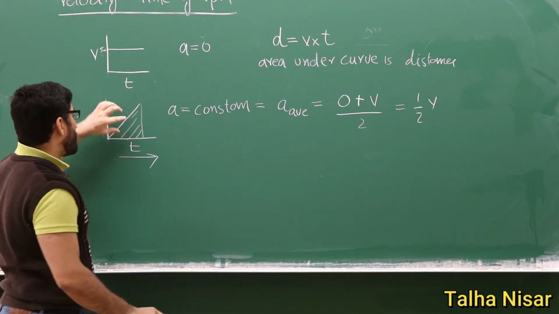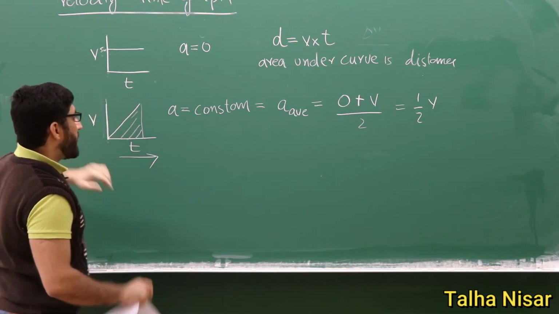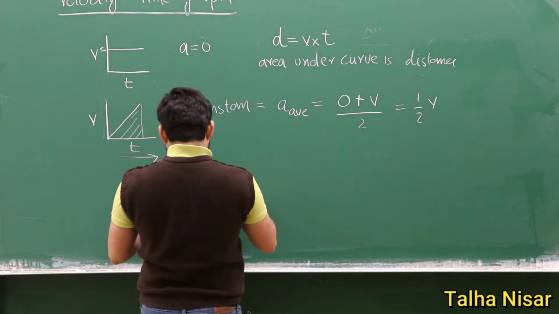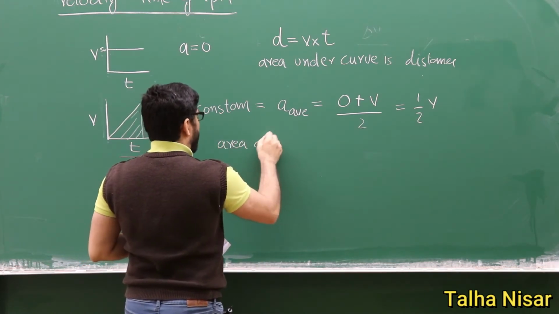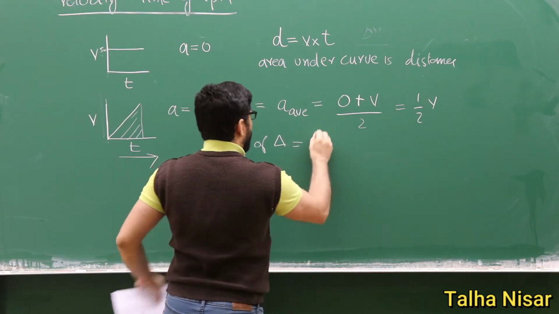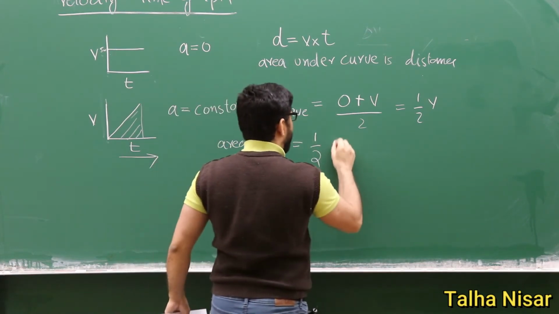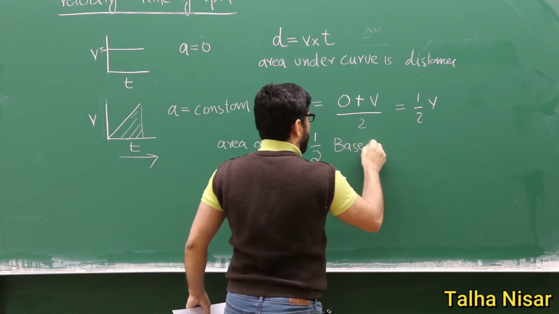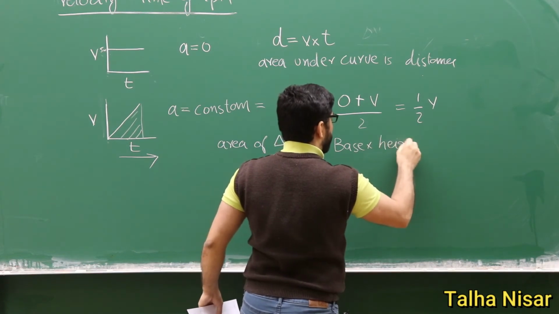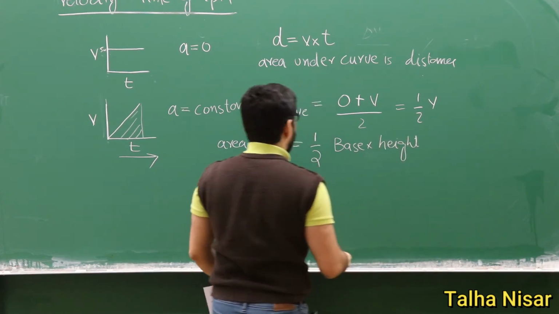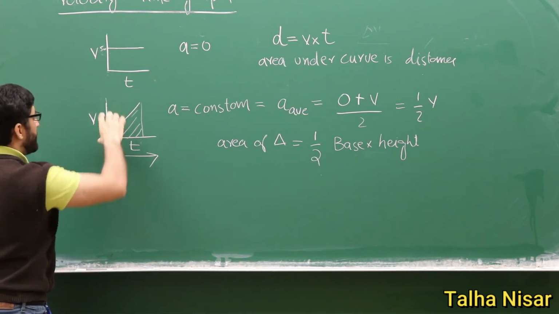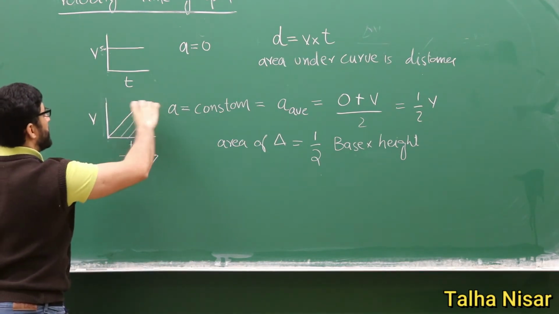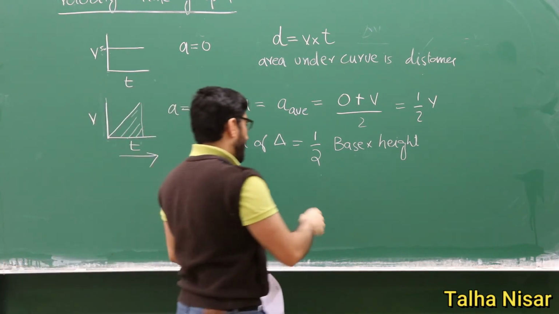The formula for that will be the area of the triangle. The area of a triangle is equal to 1 by 2 base multiplied by height. The base here is the time, delta t, and the height is the velocity.